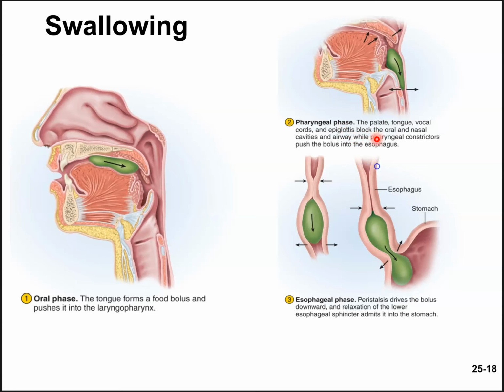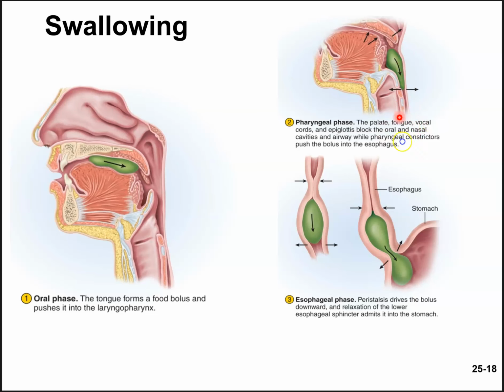The pharyngeal phase is an involuntary phase, and this begins when the food touches the receptors of the laryngopharynx. The laryngopharynx has certain receptors that activate the involuntary process, and the soft palate and the tongue block the food from entering the nasal cavity. At the same time, the larynx pulls up the epiglottis, and this flap closes the opening of the trachea to make sure the food is pushed down the esophagus.